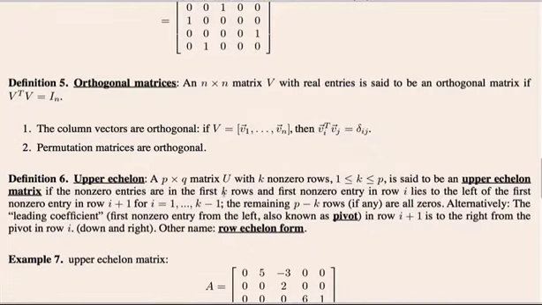And instead of saying that as you go up from row i plus 1 to the ith row, the pivot is to the left, usually we go from top to bottom, and then we would say that in row i plus 1, the pivot is to the right of the pivot in row i. So as we are going down, the pivots are moving to the right. And actually there is another name for that. This is also called the row echelon form in other books.